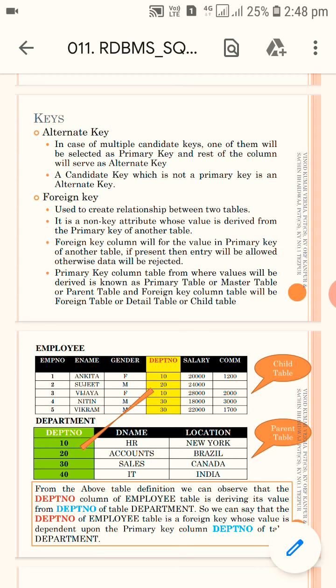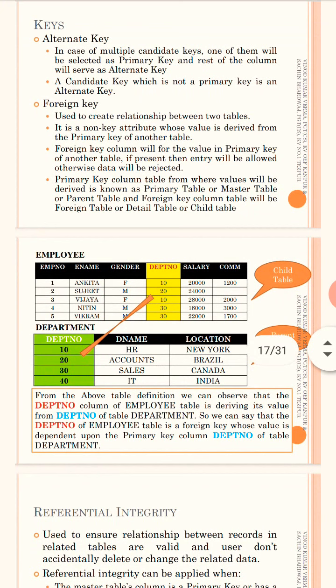In this, department number is existing in both the tables, but department number in department is unique and is the primary key, but in employee table it is not unique. That means foreign key is a non-key attribute which takes values from the primary key of another table, that is called foreign key.